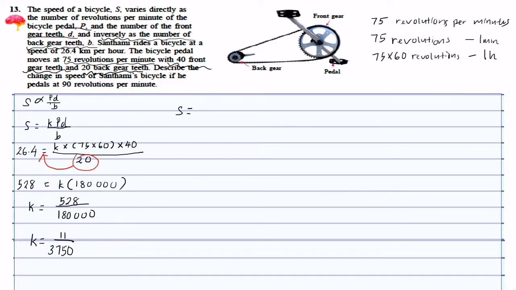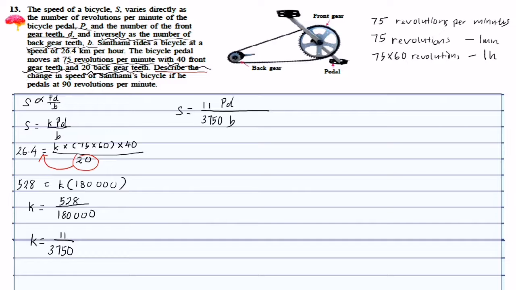S equals, the value of K is 11 over 3,750. Above here we have PD, and at the bottom we have B.